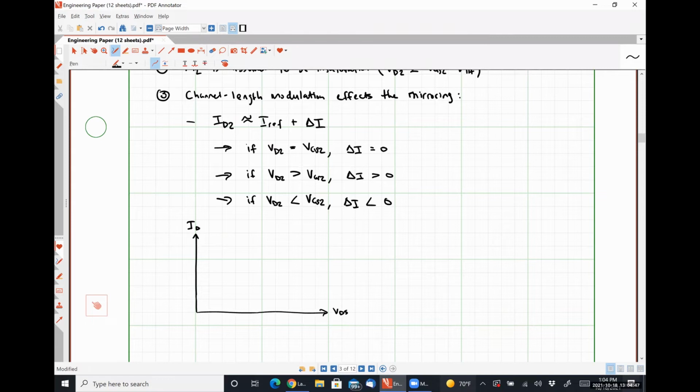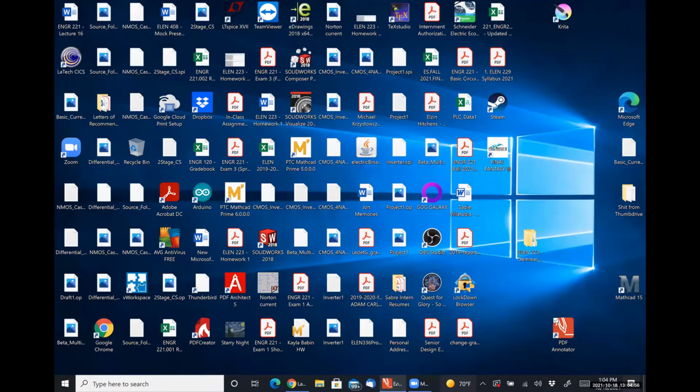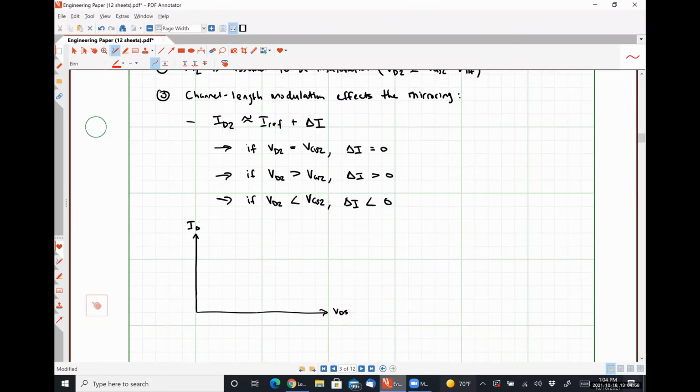And I'm going to intentionally exaggerate our transistor drain current. All right. Start off in the triode region. It's going to be fairly linear. Then it's going to curve. And because of channel length modulation, it will still continue to linearly increase, like so.